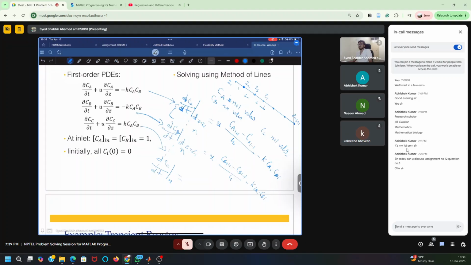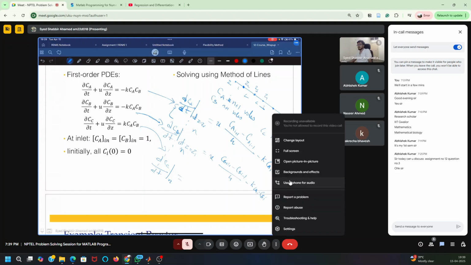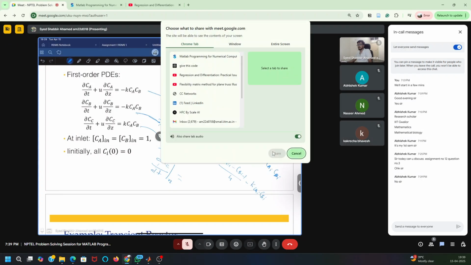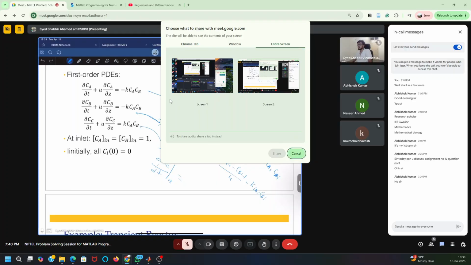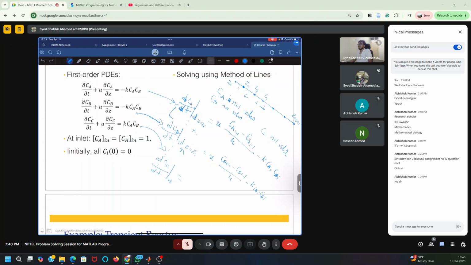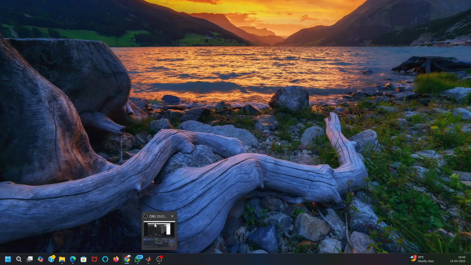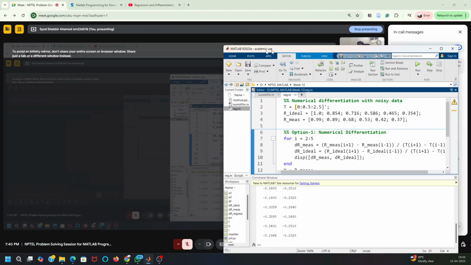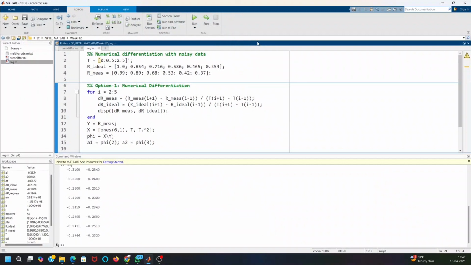Any doubts in this? Any doubts in this explanation? Okay, seems you have understood the methods. Okay.